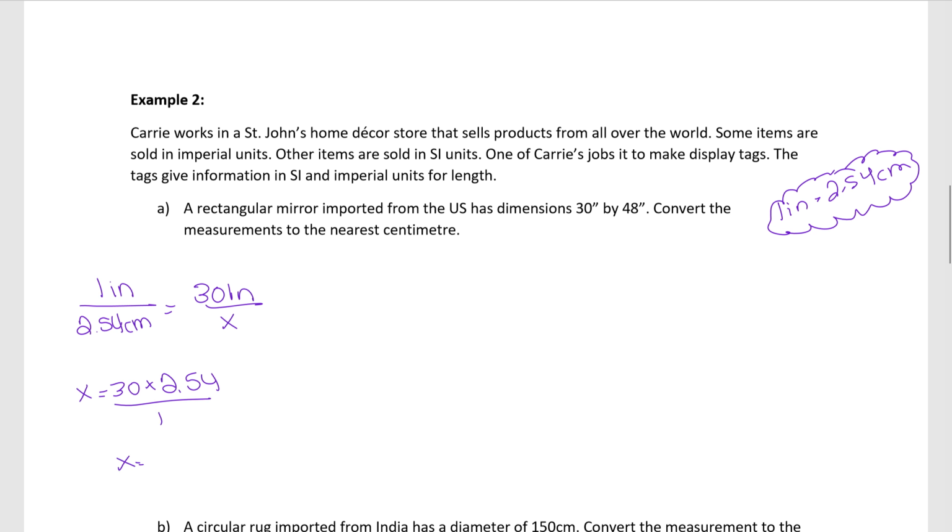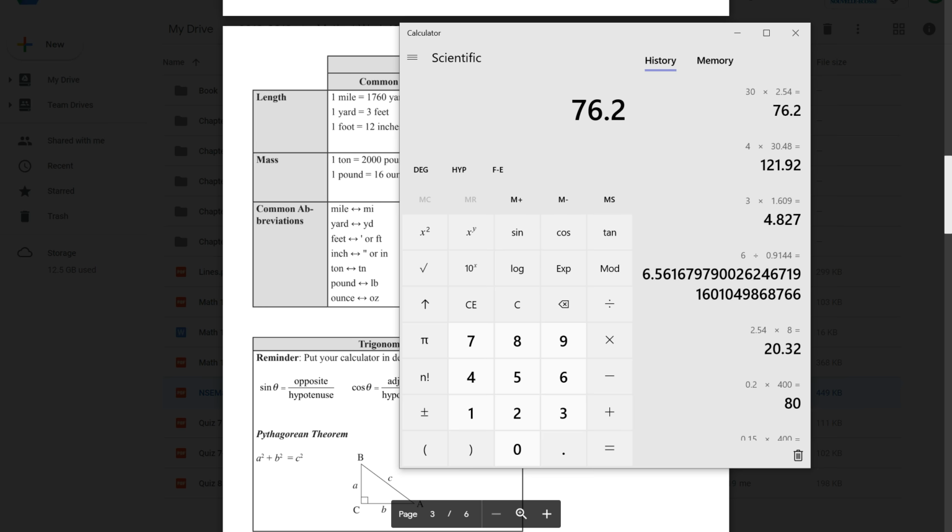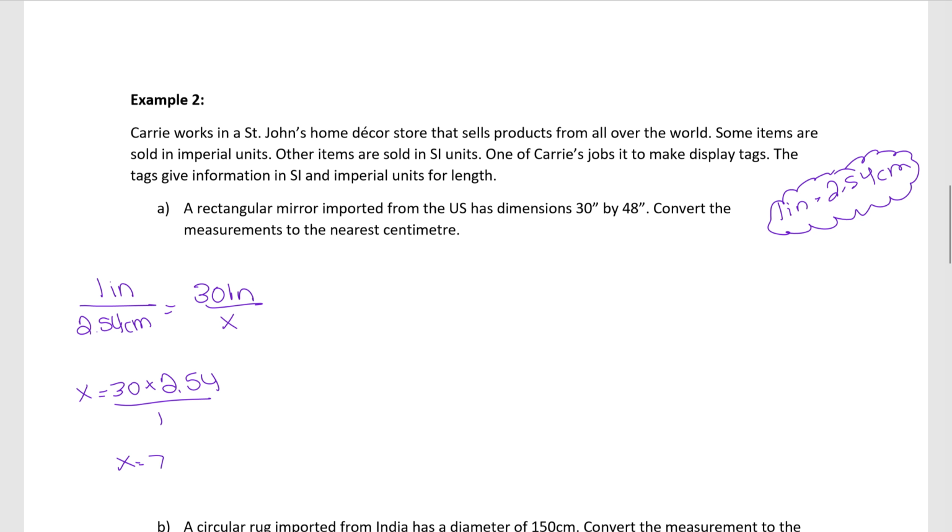So 30 inches is equal to 30 times 2.54, 76.2 centimeters. So 30 inches is equal to 76.2 centimeters.